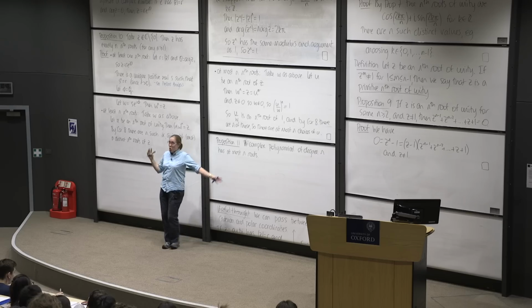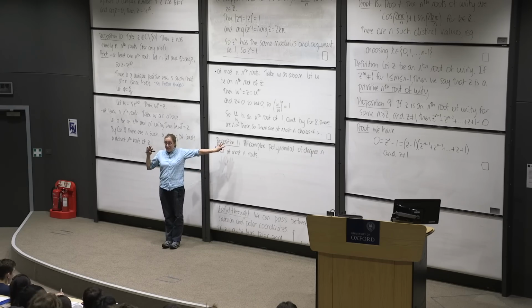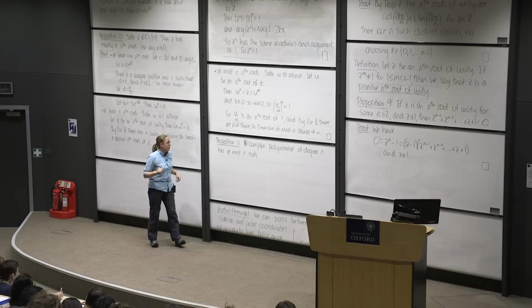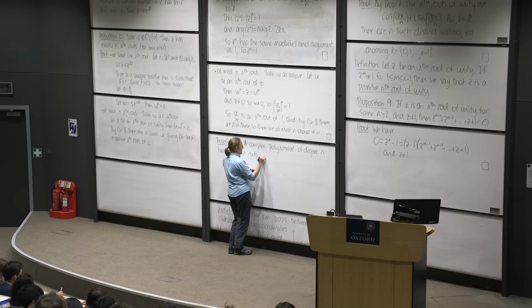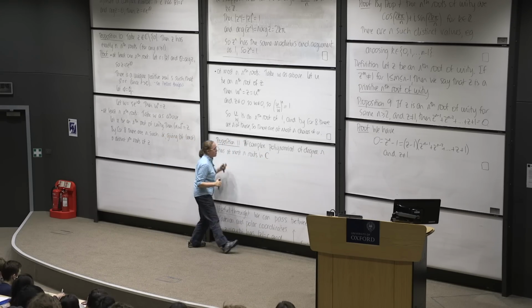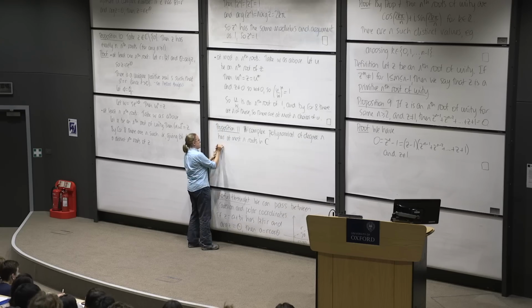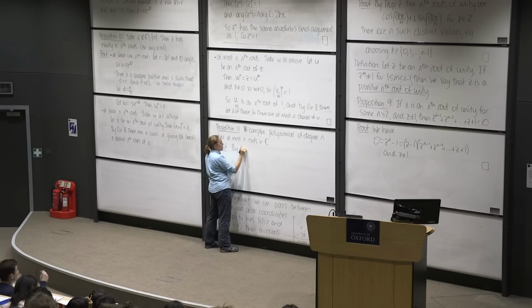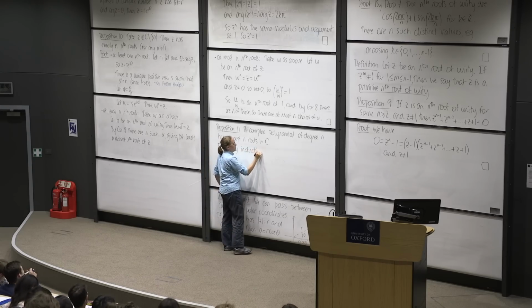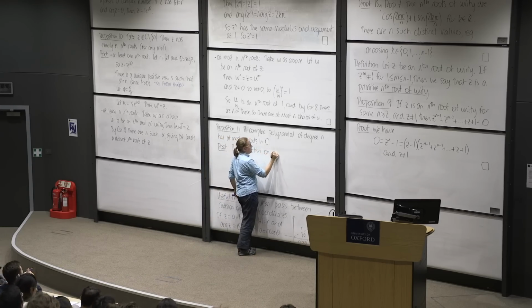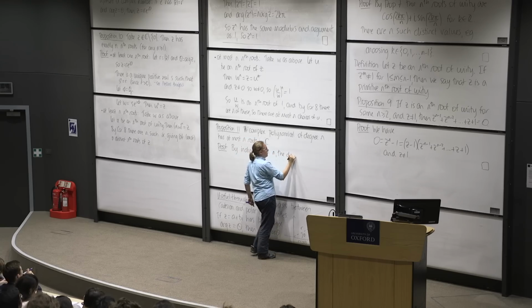I mean, maybe it has no roots, maybe it has some roots. I'm not making any claims about that in this proposition. All I'm saying is there are at most n complex roots. So I mean n roots in C. So let's prove this. And my strategy is going to be to use induction on n, the degree of the polynomial.